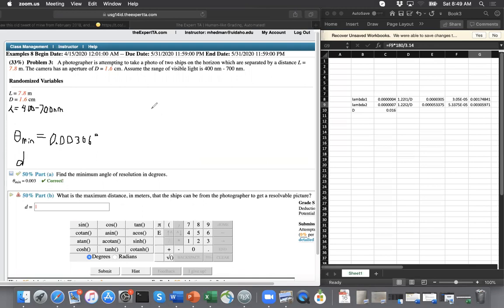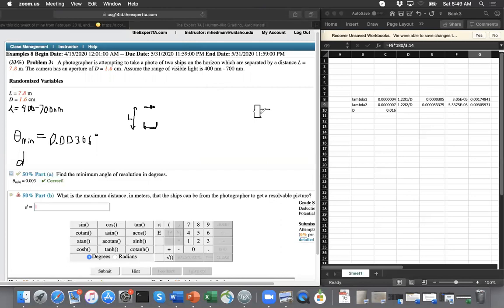This is strictly geometry. We have two boats on the horizon, and I'm going to draw very bad boats. So we have a couple boats here. We know the separation between them is L. And we know that our camera is just barely able to resolve them, and it's some distance away.